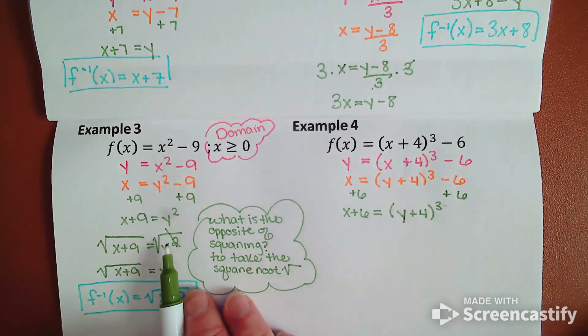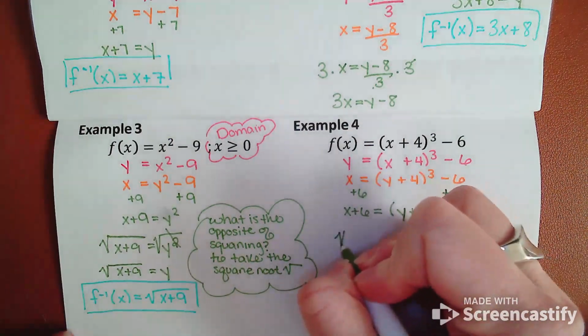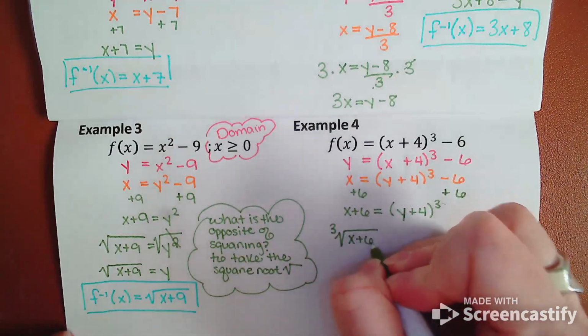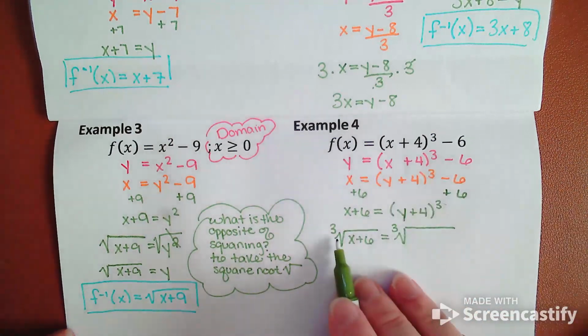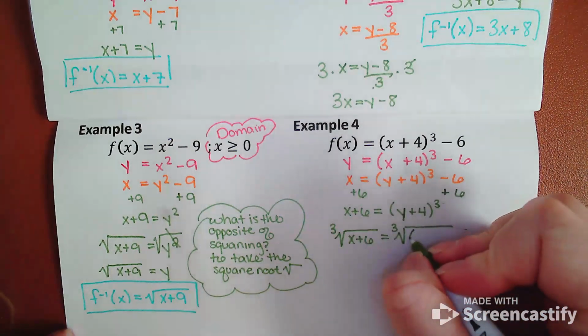Well, what was the opposite of squaring? It was taking the square root. So what we need to do here is take what is called a cube root. I need to take a cube root, and we show a cube root with a little 3 on that little foot of your root.